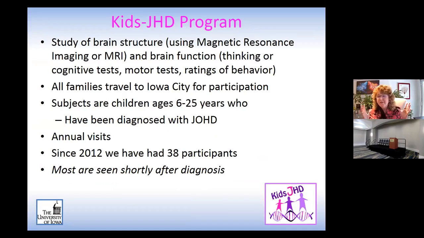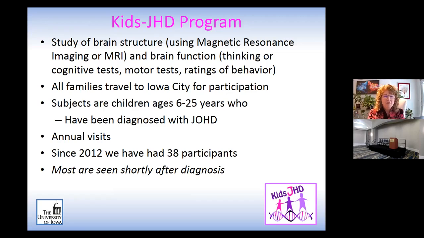This is a study of brain structure, which is looking at volumes in the brain using MRI, brain function, by thinking skills, motor tests. All families travel to Iowa City for participation. Subjects are children who are ages 6 to 25 who've been diagnosed with Huntington's. We try to do it annually.